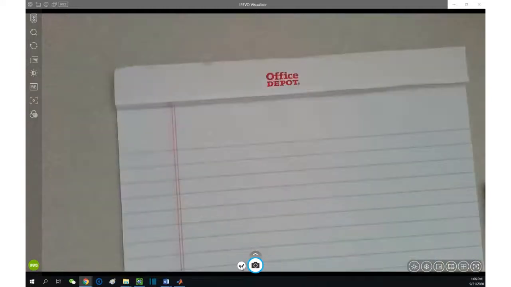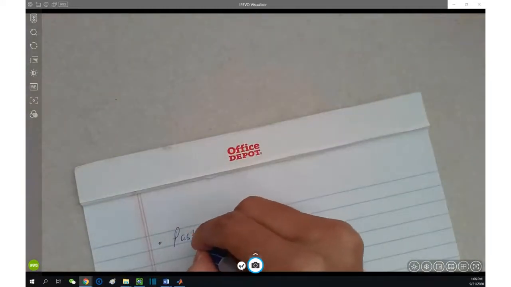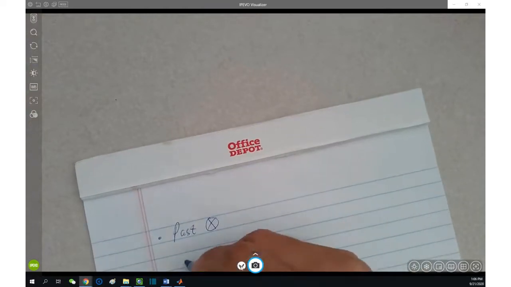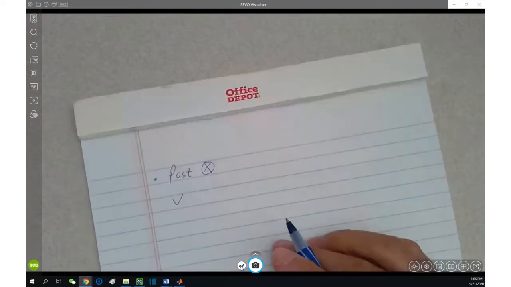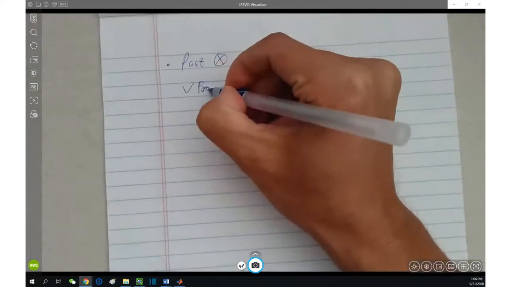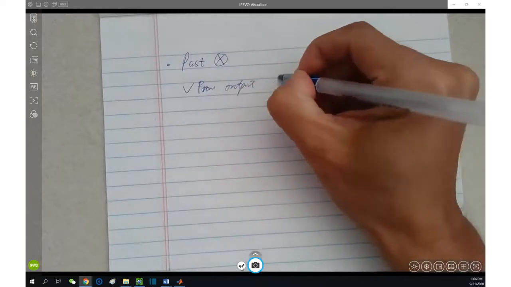All right, first one. First, let's just talk about passing a summing junction. As we just mentioned, we have 2 ways. First one, let's talk about from output to input.